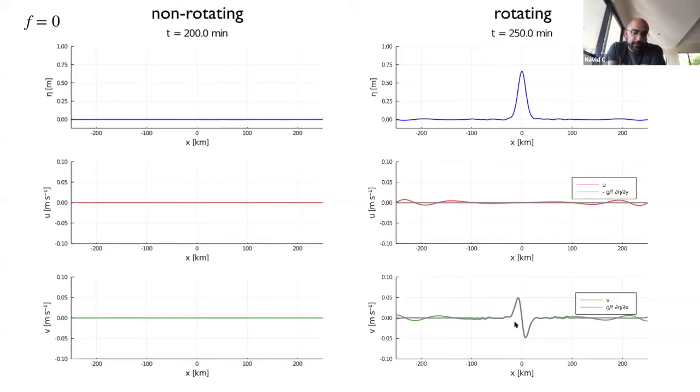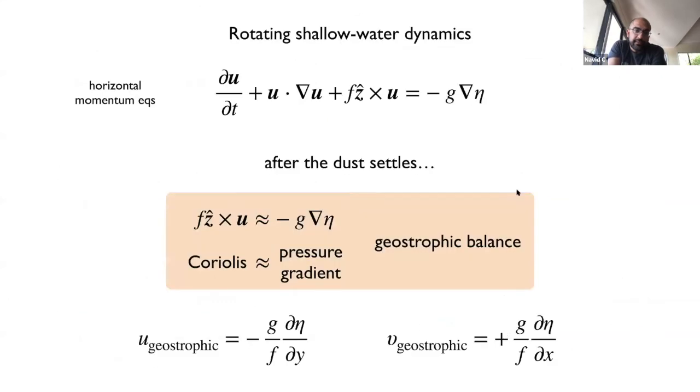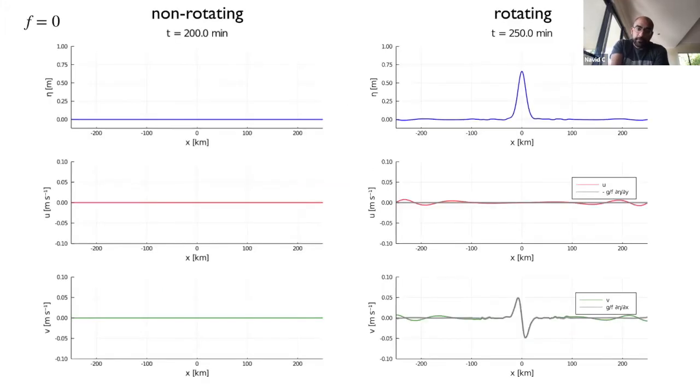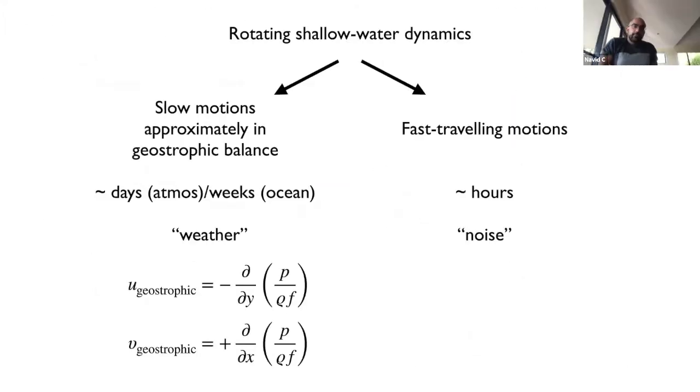So what's happening here is that after all the dust settled, after all these gravity waves go away, what we're left with is geostrophically balanced motions. So the rotating shallow water dynamics can describe two types of motions.